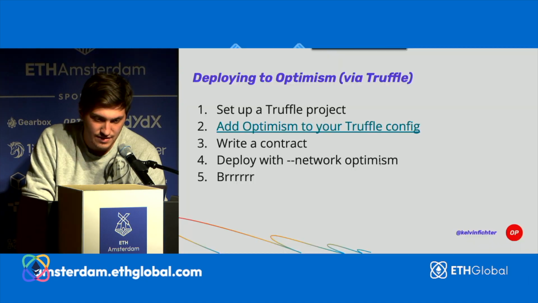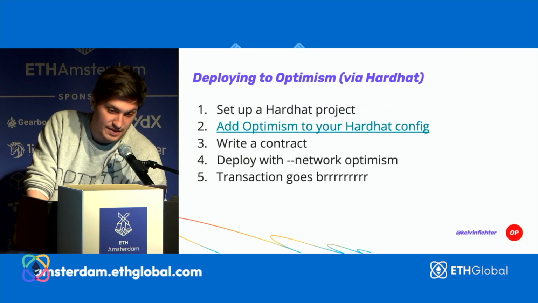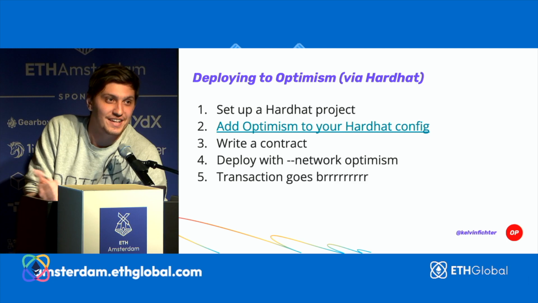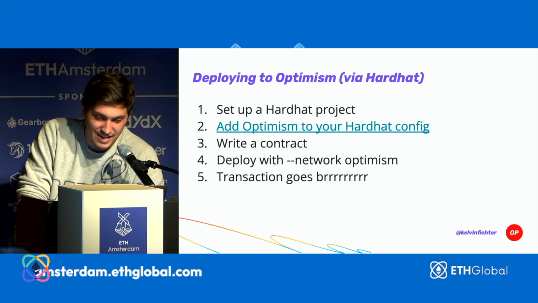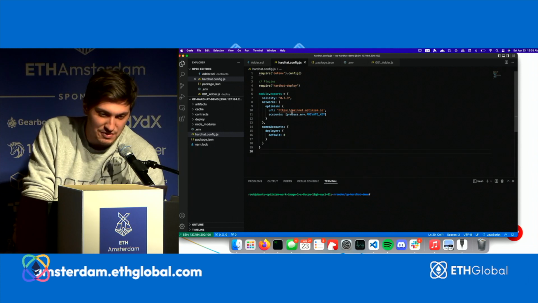Okay. We go back to this. So with Remix, pretty straightforward. Hardhat, also very straightforward. Same general concept. Just add Optimism to your network config and deploy. I do have a very brief example of this. Straightforward. Look at me. This is my network config. That's all I added.